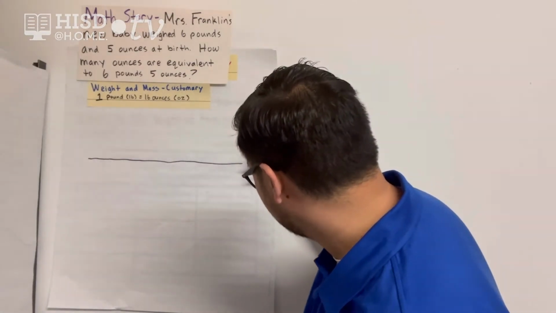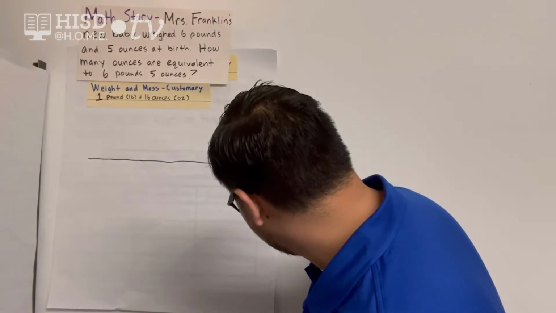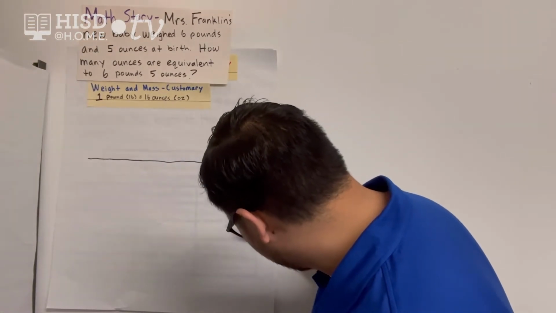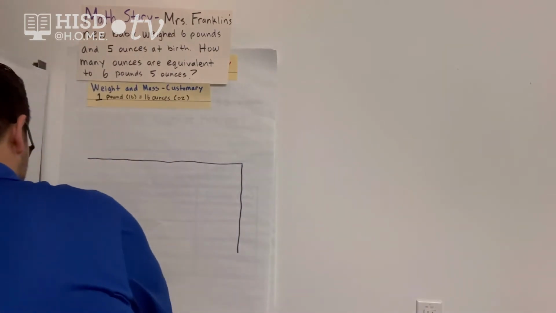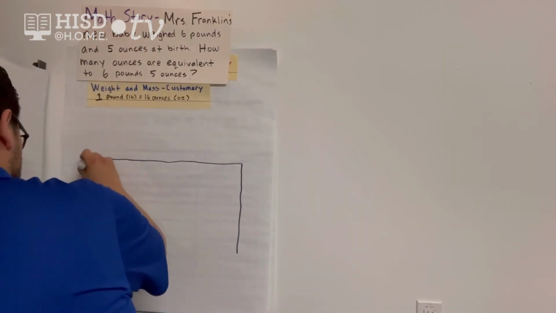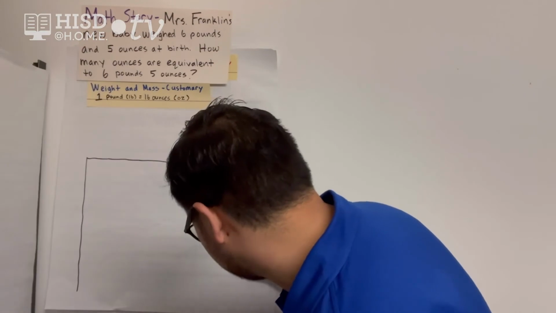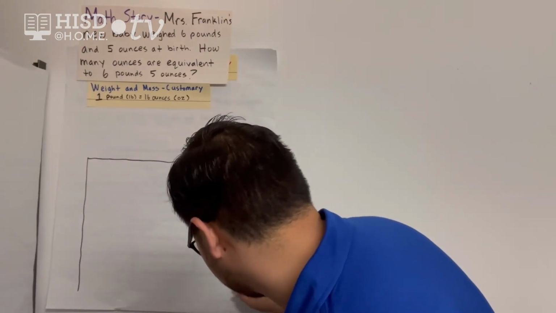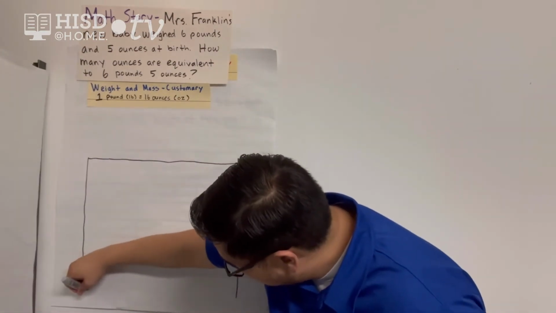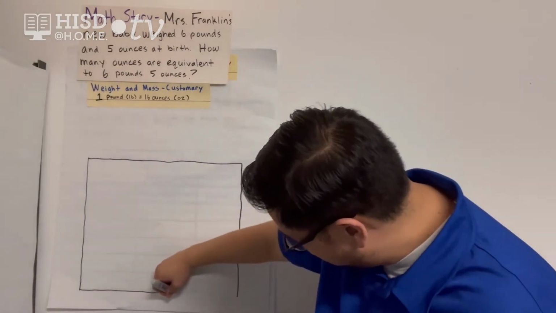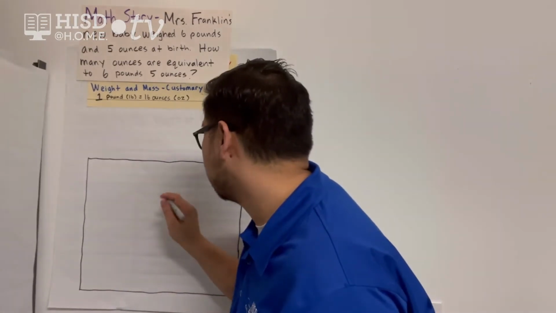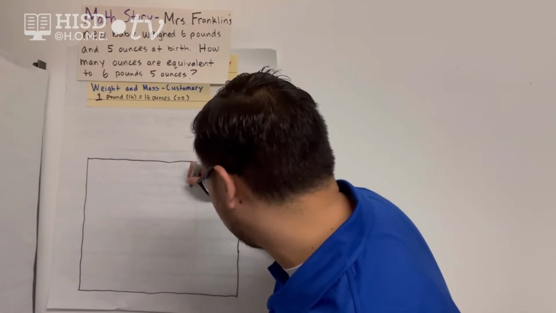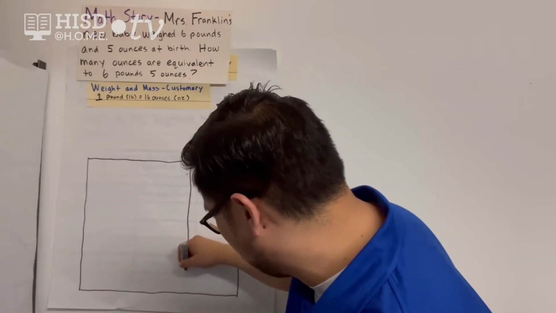So again, I'm going to create my chart or my table, so that way we can have it to use. And then draw my columns in. Remember, we said 3 columns.